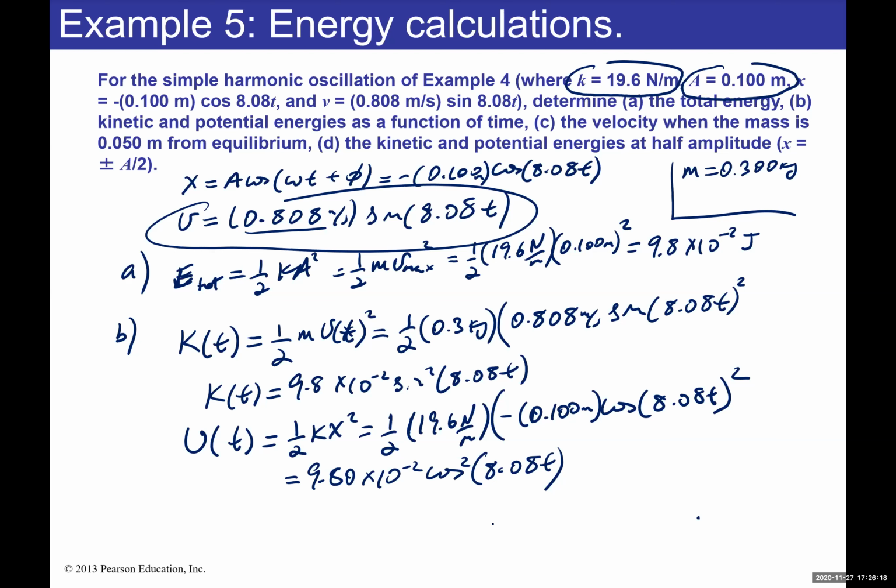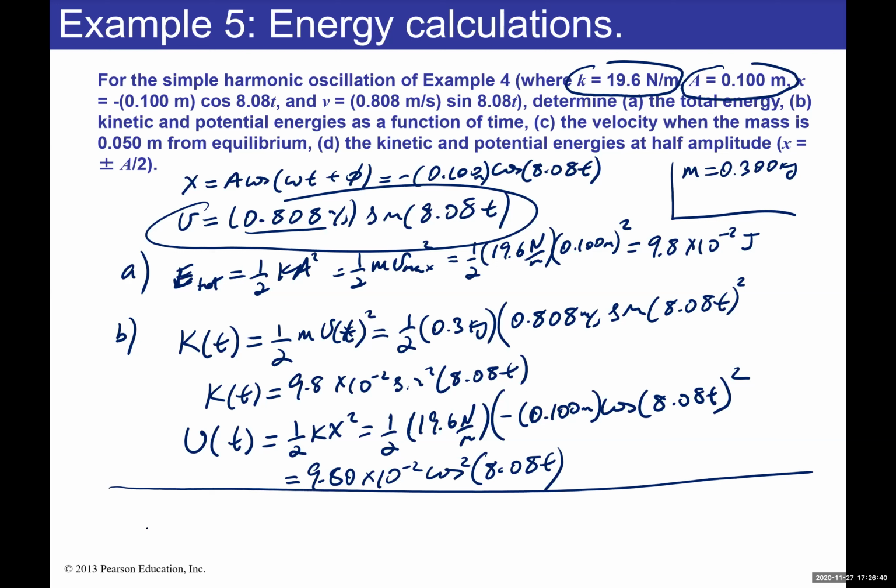So it gives you the speed for a specific position, or the position for a specific speed. Position is 0.05 meter from equilibrium, and I want to know how fast I'm moving at that point. I can use the energy approach to get that a little bit easier than those vector equations of motion.